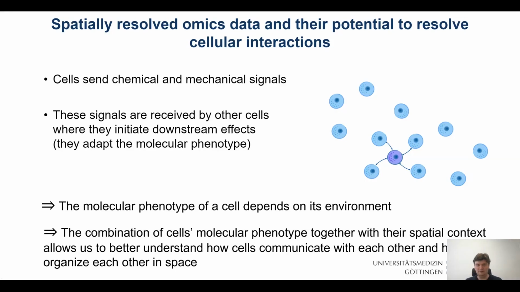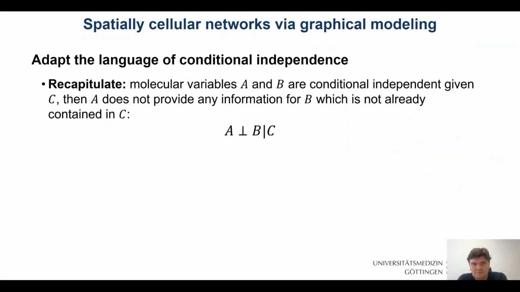And basically our strategy was to extend that language of partial correlation graphical models to the spatial context, and basically to the spatial omics context. Let me first recapitulate what I showed pretty much at the beginning of my presentation.